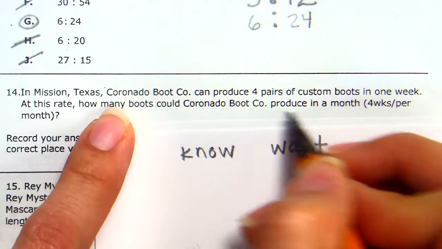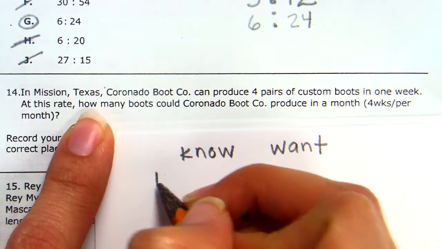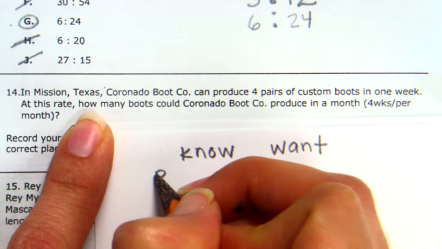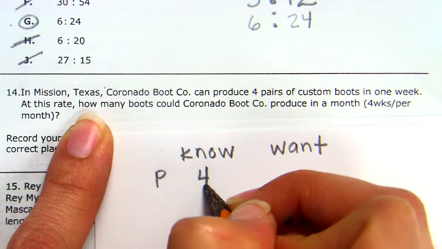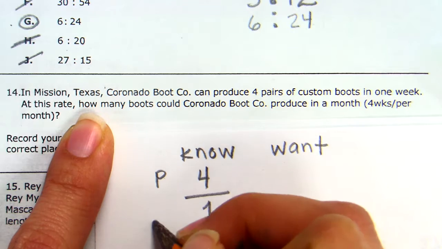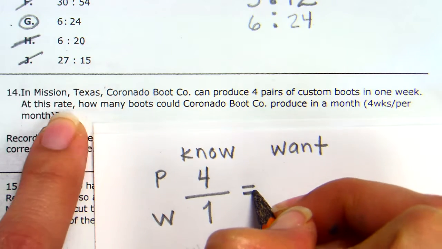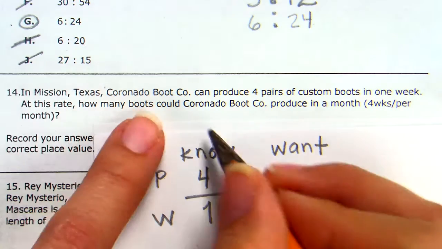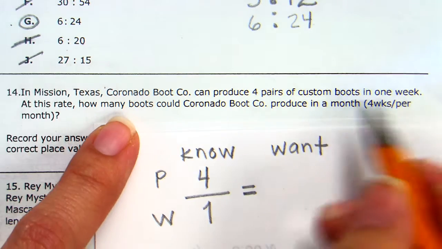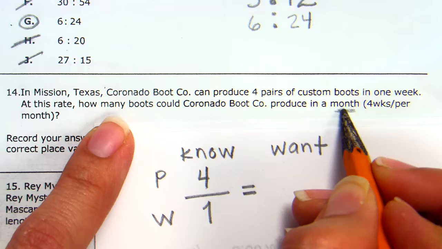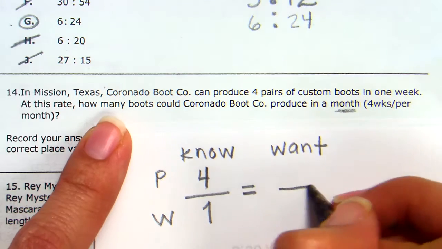Okay, what we know so far is that they can produce 4 pairs in 1 week. Now what we want to predict is, at this rate, how many boots could Coronado Boot Company produce in a month? In a month, on average, there are 4 weeks.